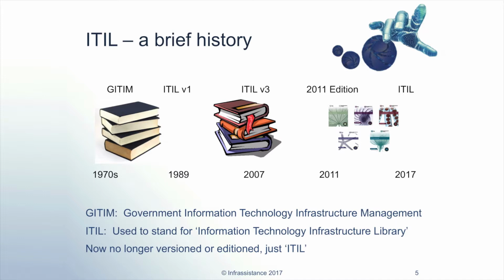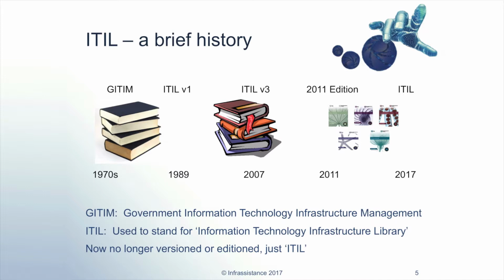They were documenting, as I said, what worked well. And then in 1989, GITIM became ITIL, which at the time stood for the Information Technology Infrastructure Library. It now officially doesn't stand for anything, it's simply ITIL, in a similar way to BHS, as was, British Home Stores became BHS. It came out in version 1 in 1989 as a set of 10 books.